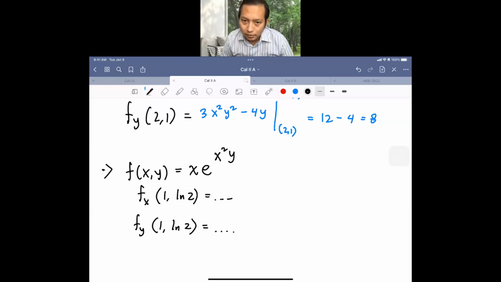Then 2, it's for partial x. I think not really correct. You need to have a plus, right? Having plus because of the product rule for partial x.